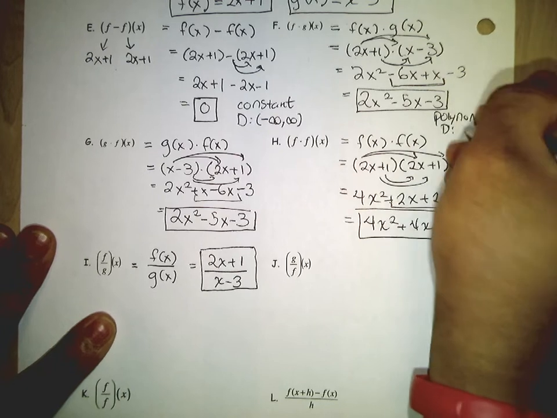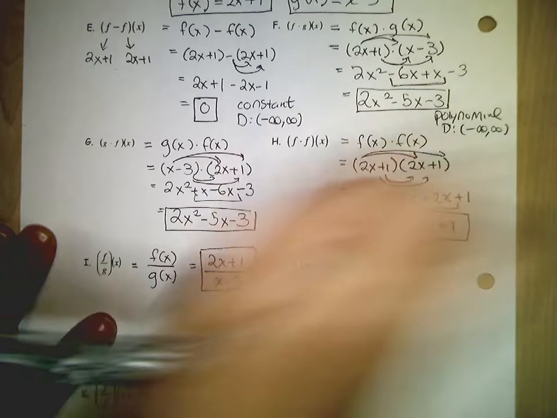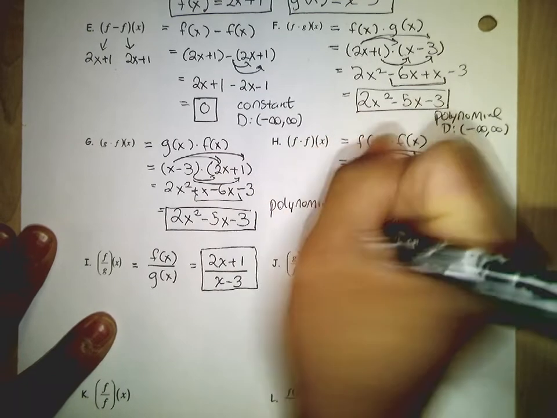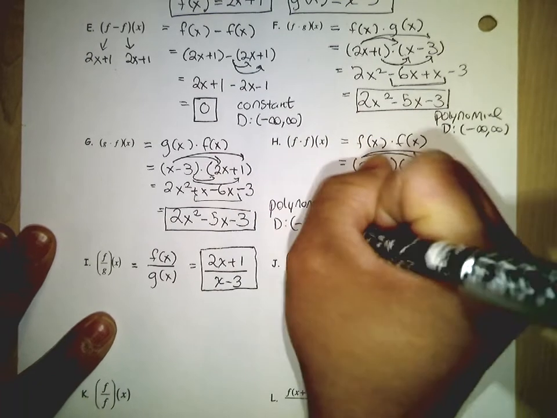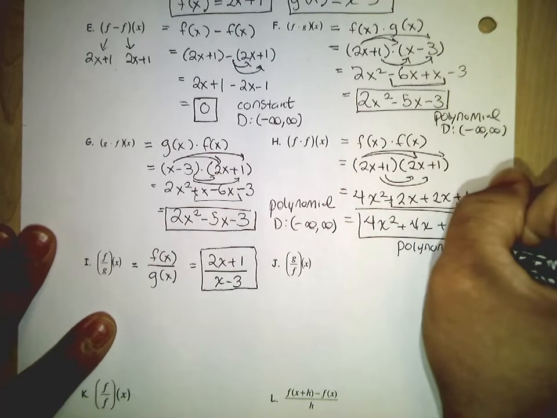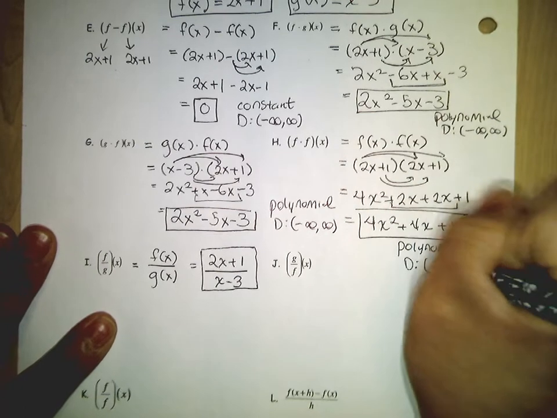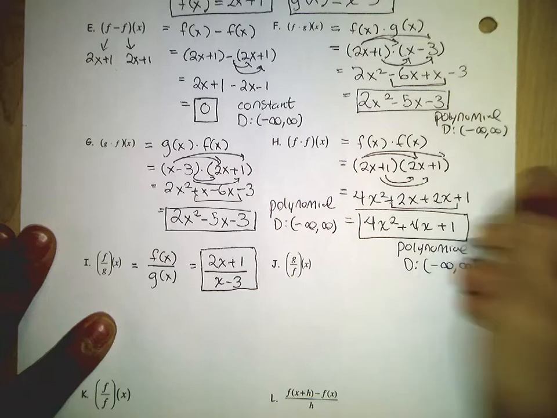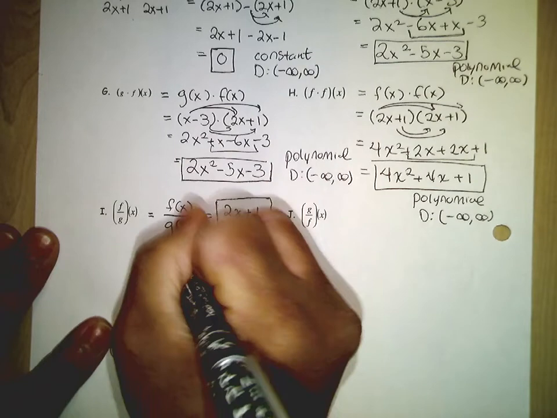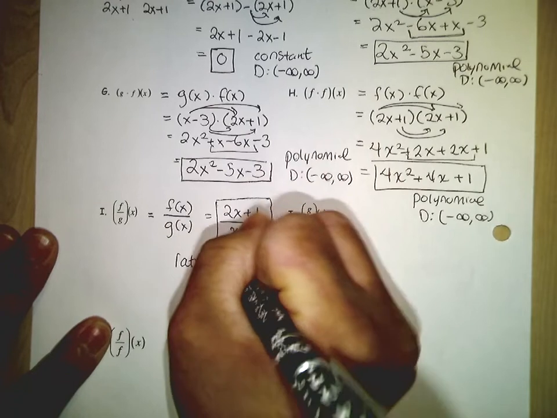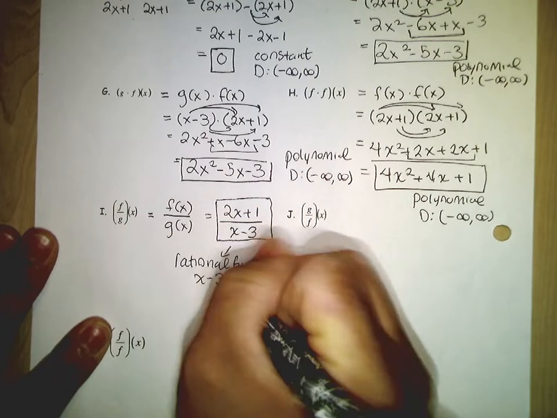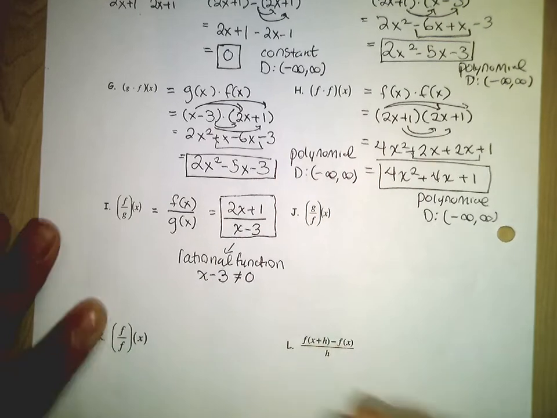So that's a domain of negative infinity to infinity. G, a polynomial. So that has a domain of negative infinity to infinity. H is a polynomial. So it has a domain of negative infinity to infinity. But in part I, we see that we have a rational function as the result here. So x minus 3, the denominator, cannot equal 0.